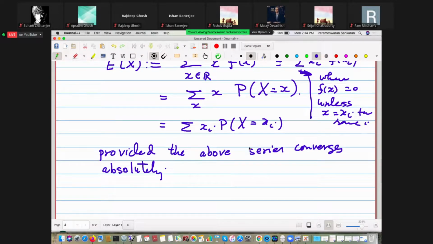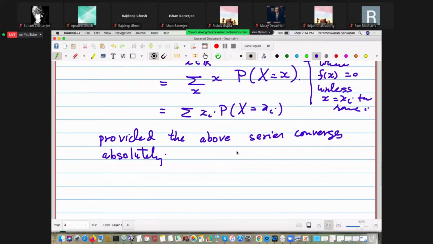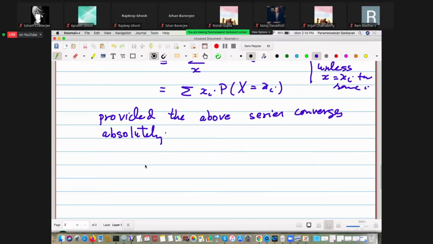It may exist, it may not exist. So I suppose the definition is now clear. Let me do some simple example, just one example, before I talk about more theoretical terms.